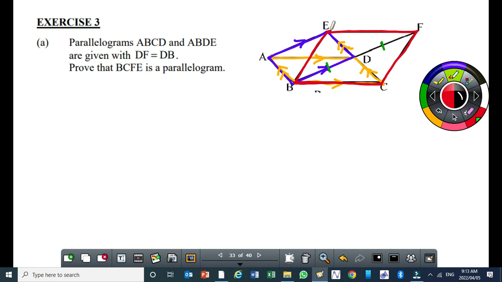Okay? Because if you want to prove that BCFE is a parm, then you need to think about which property first. Okay? So I've decided that, okay, because there are 2 diagonals already in that quadrilateral. It's not a parm yet. There are 2 diagonals. If I can prove that the diagonals are bisecting, then it means the quadrilateral is a parm. So how do you do that?